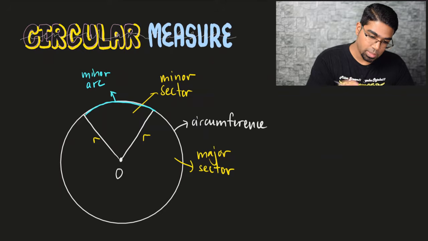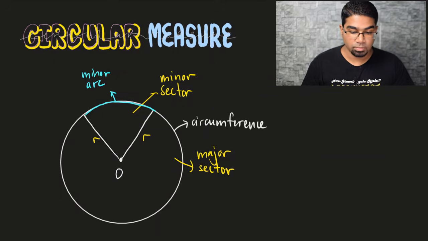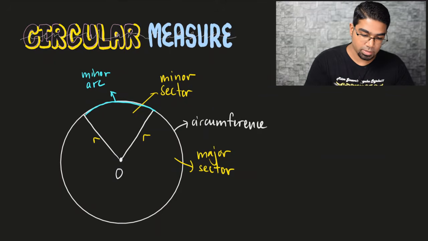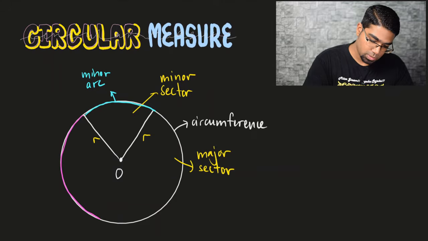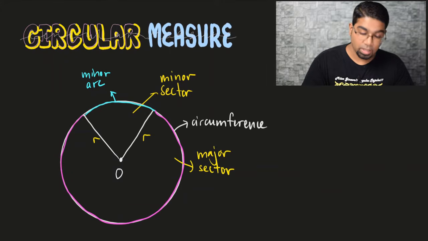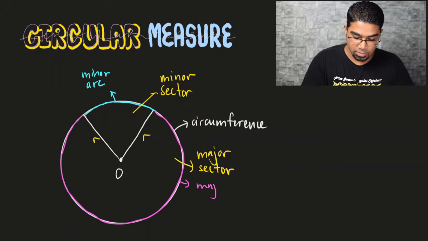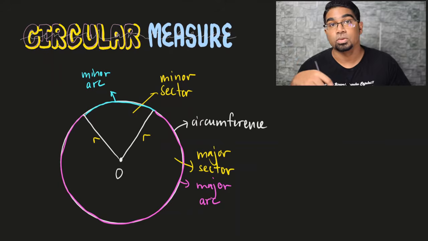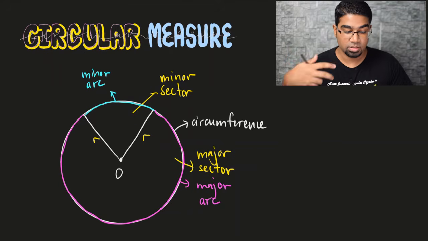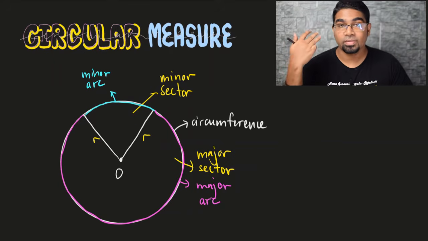And then we have, of course, the larger one. So the larger arc here, this whole thing is the larger arc, and we call it the major arc. So far we have circumference, we have radius, we have sector, and we have arc.